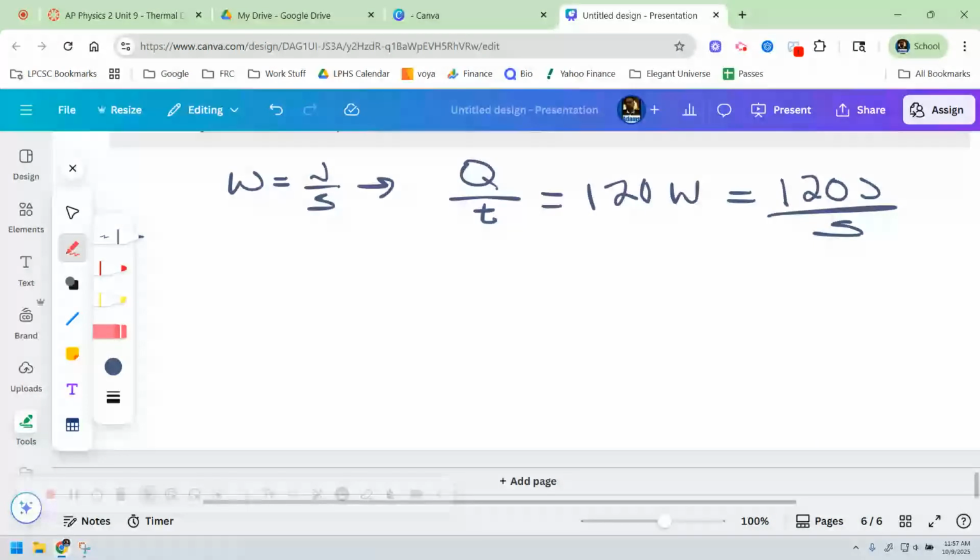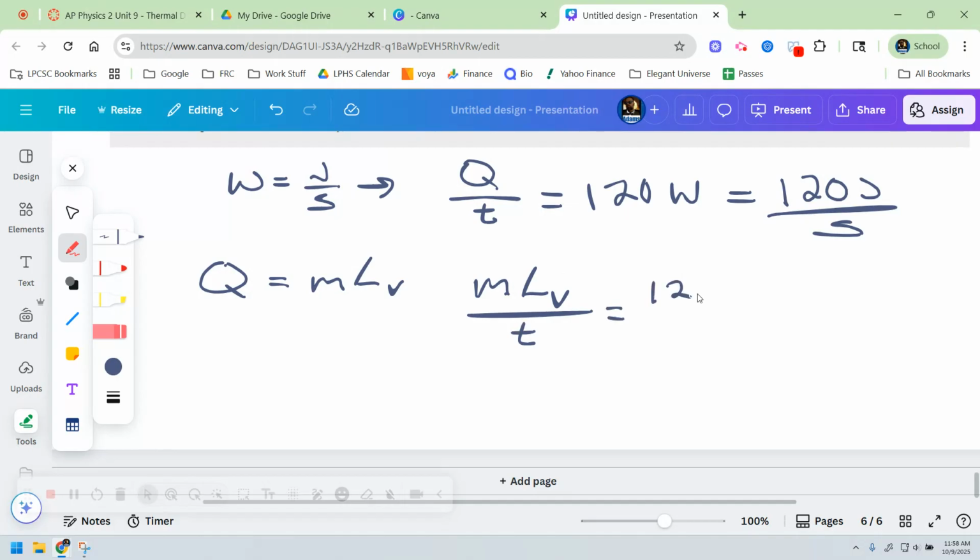And also, because we're talking about evaporation, Q can equal the mass times the latent heat for vaporization. So Q over t equals mass times the latent heat for evaporation over time, which also equals 120 watts.